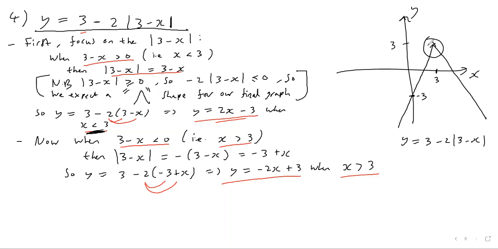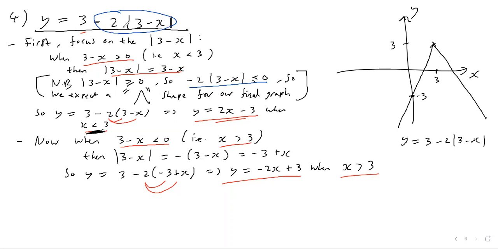We could actually get this maximum point just by looking at the initial equation. We know that the negative 2 times the modulus of 3 minus x can't be bigger than 0, for the same reason that we mentioned over here. So the maximum point of this part is just 0.